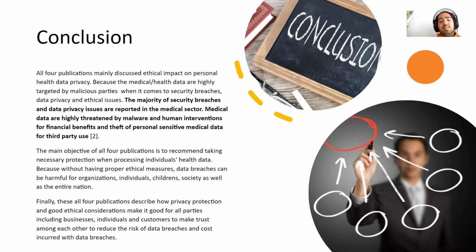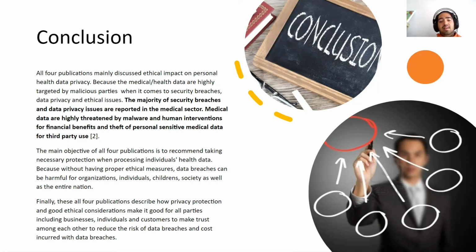Because if we implement proper ethical and privacy policies and solutions in these projects, it will help avoid data breaches, and it will save the costs incurred by data breaches. If something happens, it costs a lot to investigate, take necessary actions, as well as handle claims and a lot of other things.